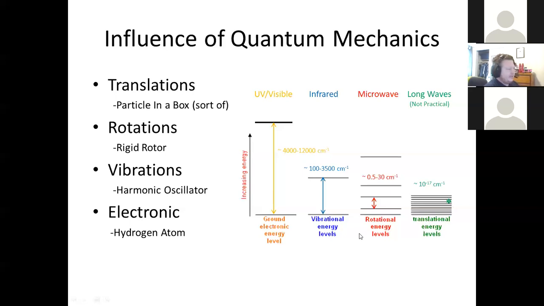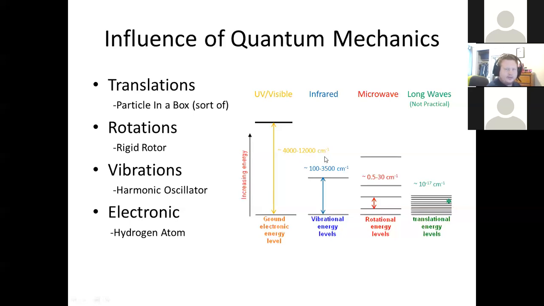So what's interesting is all of these transitions have different energy level gaps in them. If I'm ever doing an electronic transition, depends on the molecule, but going from your ground state electronic orbital, your HOMO, your highest occupied molecular orbital, to your lowest unoccupied molecular orbital, HOMO to LUMO transition, these tend to be about 4,000 to 12,000 wave number.